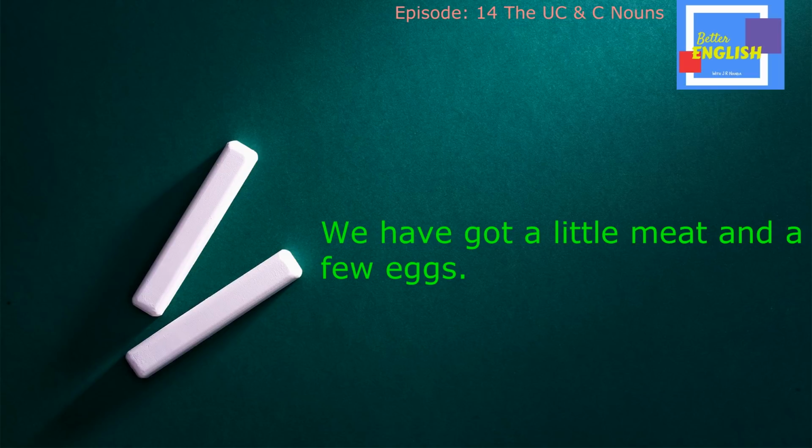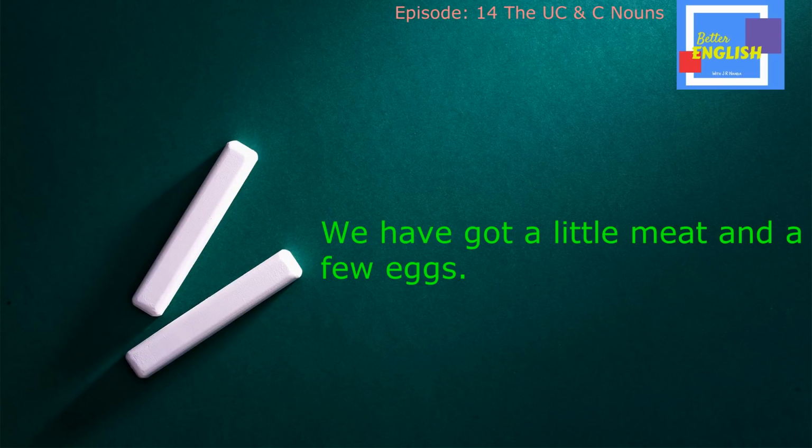We've gotten a little meat and a few eggs. Why do I use little before meat? Because meat is an uncountable noun. You cannot count one meat, two meats, three meats. That's why little. And why a little? Because here the speaker is trying to refer to a particular amount of meat.